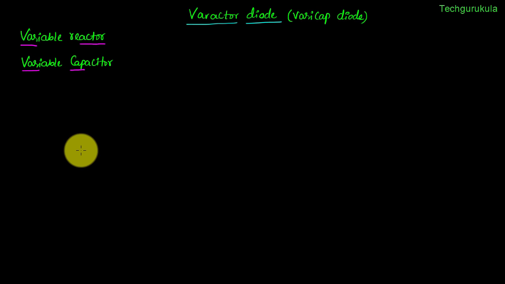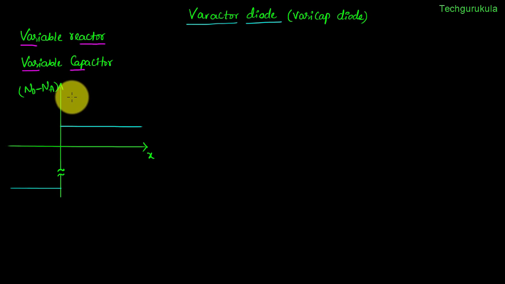So to start with, let me take the P side as highly doped and the N side as lightly doped so that the depletion width would extend primarily into the N side. Based on our doping profile assumption, I have plotted Nd minus Na here, where I'm assuming this side is the P side, which is highly doped, so P plus, where Nd is 0 and Na is a high value, so I've represented it in the negative direction.